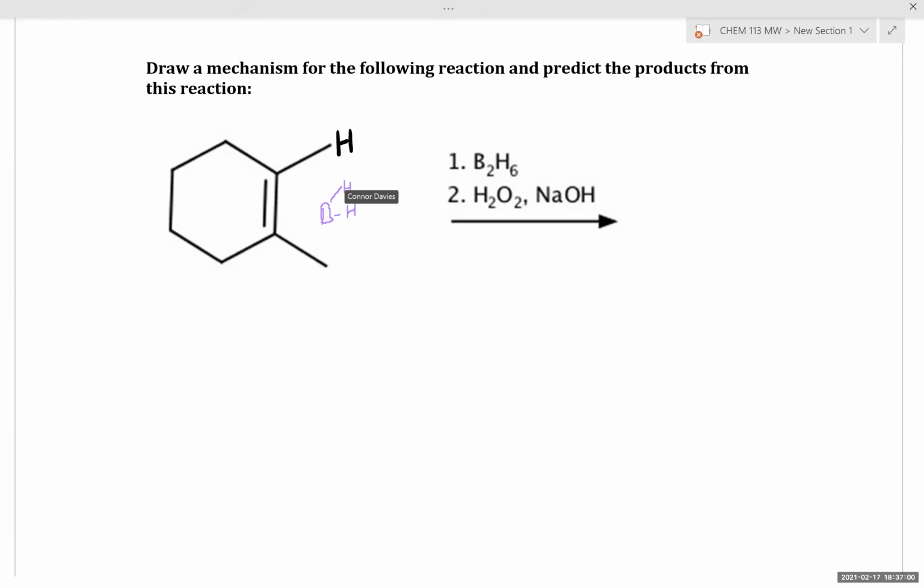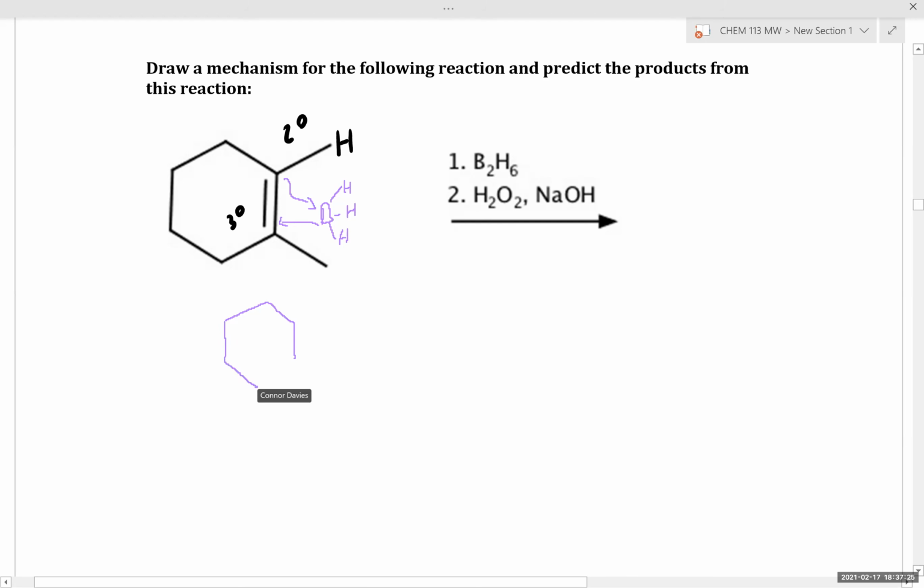Professor, I'm confused on how you pick the least hindered carbon. How can you tell? The least hindered carbon is the least substituted carbon. So for example, in this case, we're dealing with secondary versus tertiary, right?